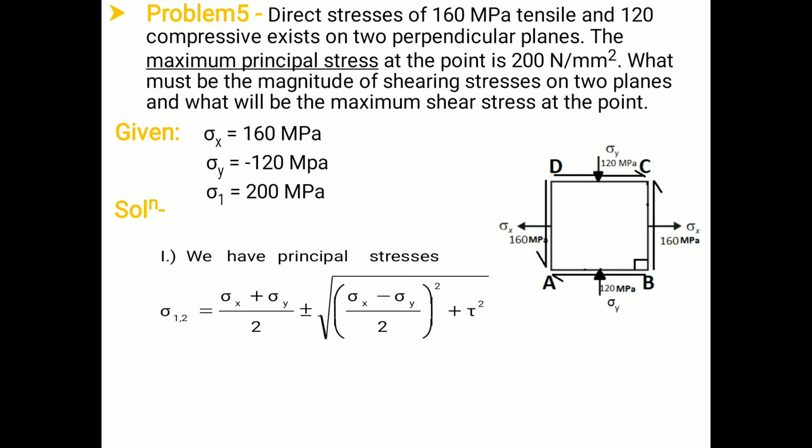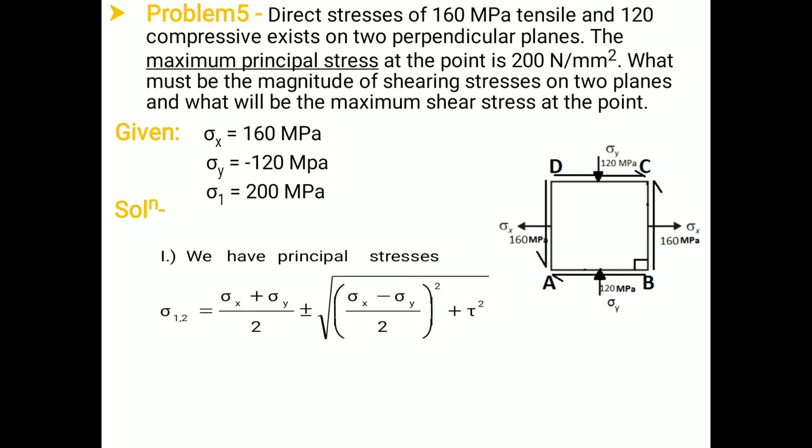Remember that this is the value of the maximum principal stress at a point, and it is 200 Newton per mm square. We have to find the magnitude of shearing stress on the two planes, and also the maximum shear stress for that particular point. Therefore, we have sigma x as 160 MPa. As it is tensile in nature, you consider it positive.